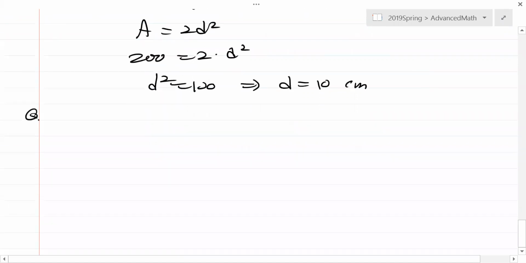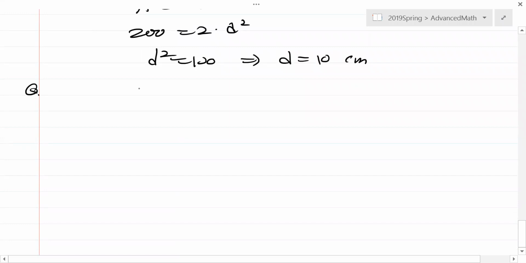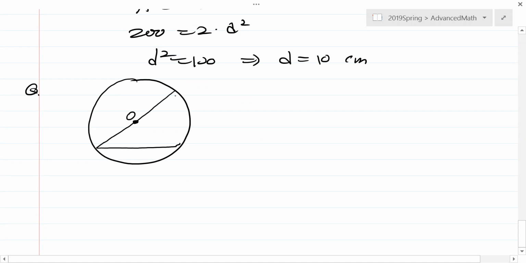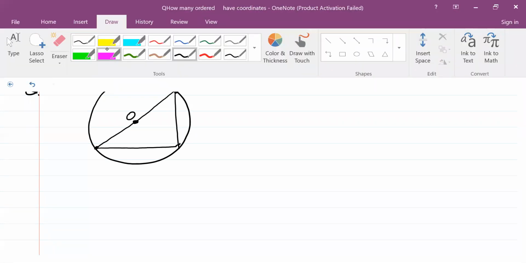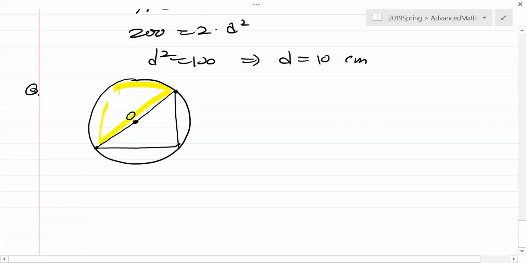The second geometry problem is also a little bit tricky. I have a circle, and this is the center, O. There is a triangle inside. So let me share it.